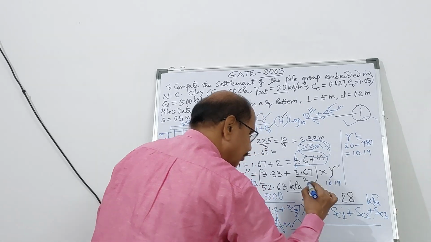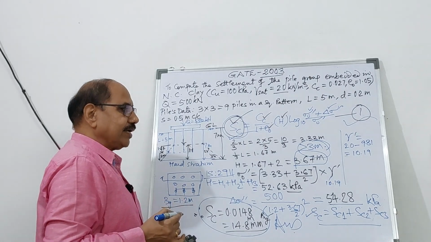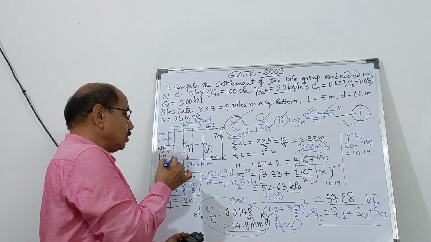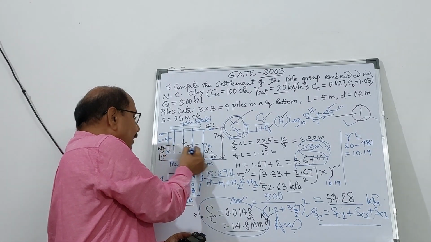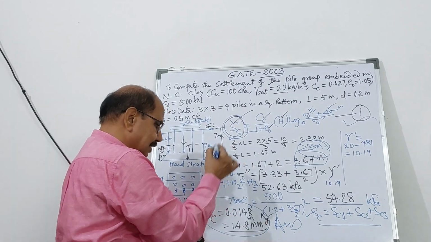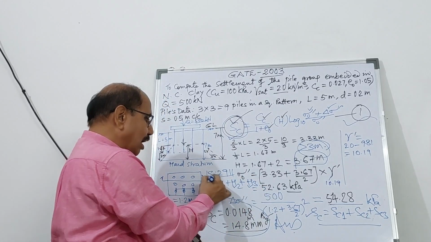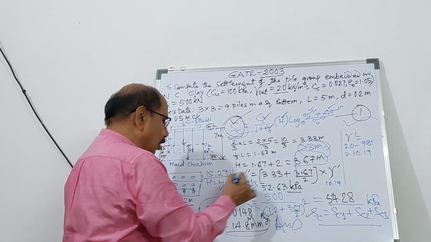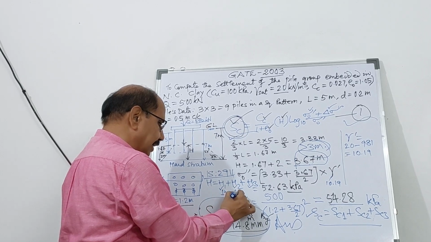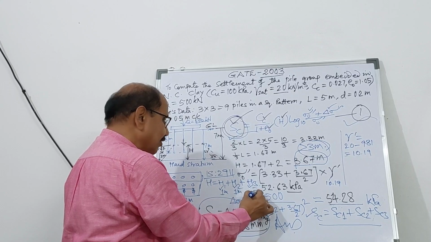This video I have already explained earlier. So you should go that way, because IS 2911 says that this H should be divided into at least 3 layers. So H1, H2, H3. Now total H is 3.67. So H1 can be taken as 1 meter, H2 can be taken as 1 meter, and H3 can be taken as 1.67 meter.